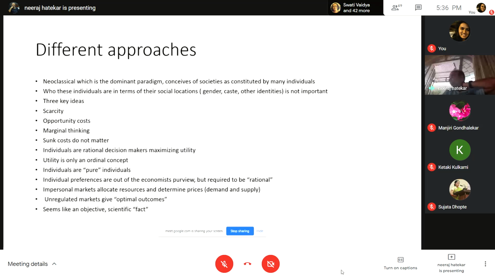Now, what do you mean by utility? Traditionally we thought that utility is the capacity of a commodity to satisfy a human want, right? So for example, my cell phone has a certain utility in the sense that it helps me make and receive calls, and I can surf the net and answer emails and all those kinds of things on the phone. But economists have a different conception.